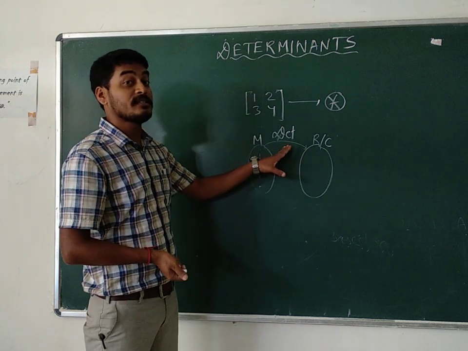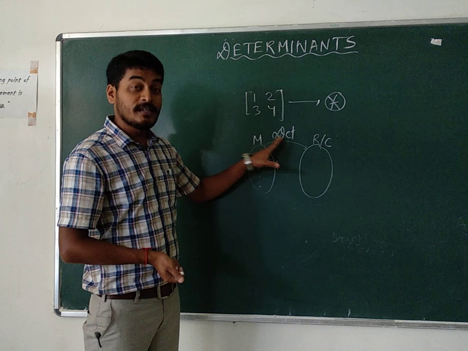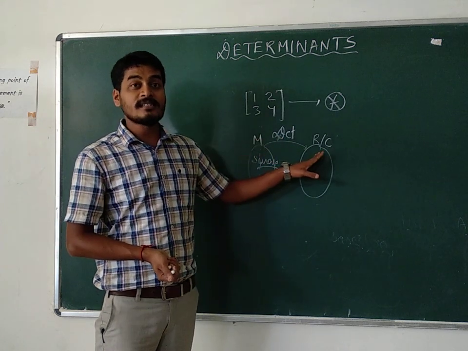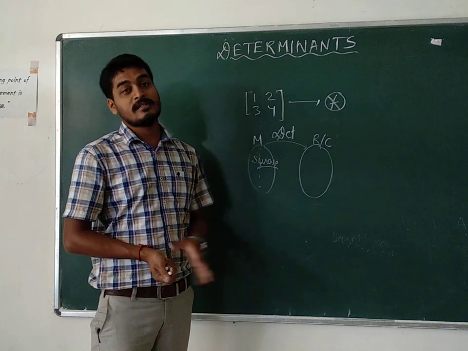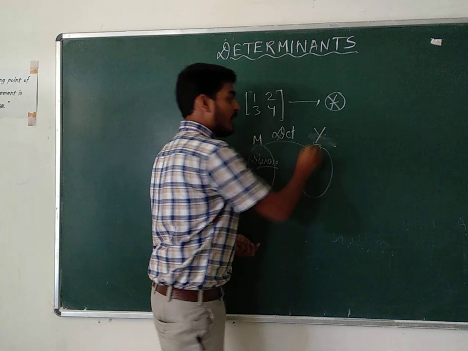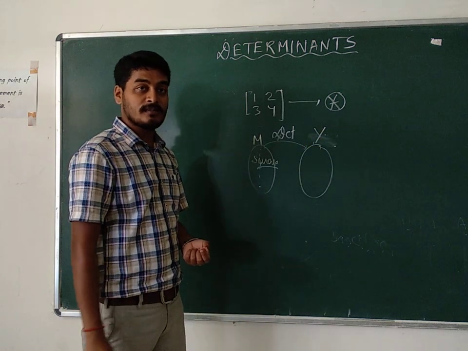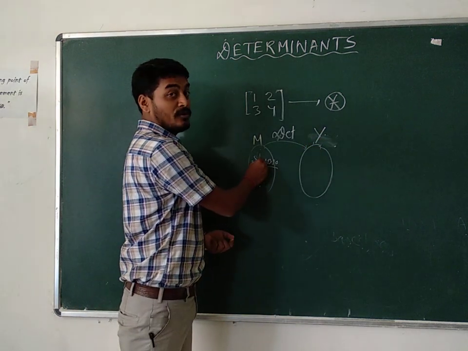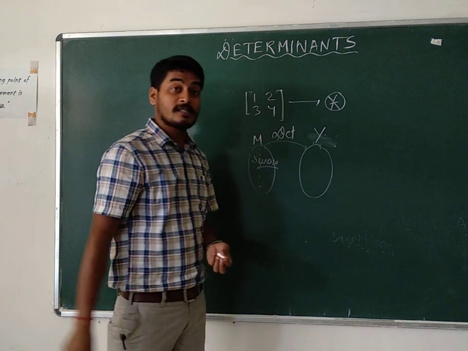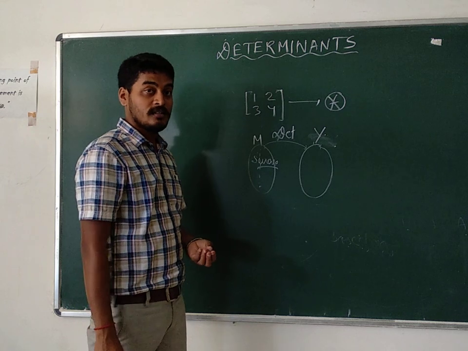So determinant itself is a function where the first set is the set of all square matrices and the second set is the set of real or complex numbers. Suppose Y is a set of real or complex numbers. If we consider any square matrix, maybe of order 1 by 1, 2 by 2, whatever it may be, for that matrix you will get a corresponding value, and that value is known as the determinant.